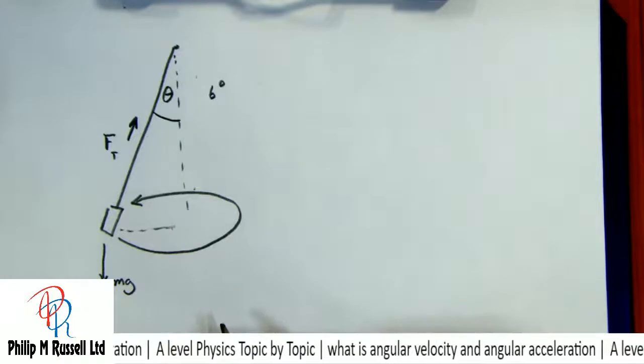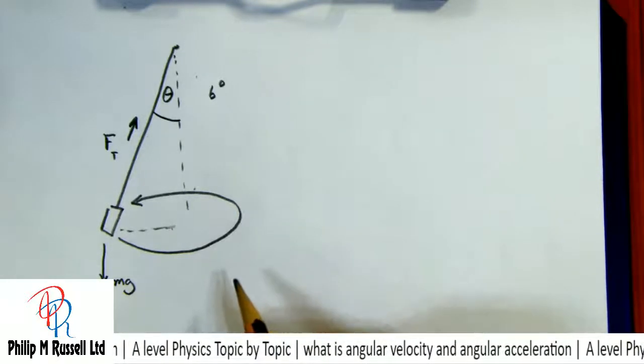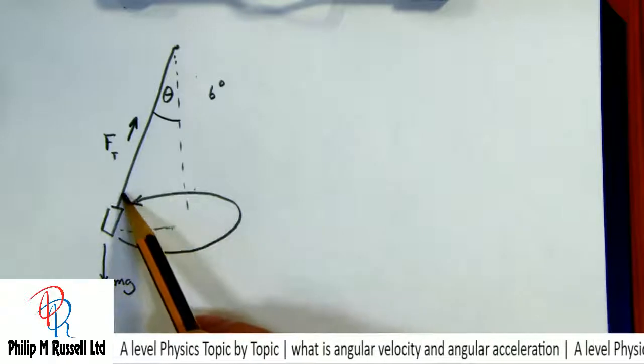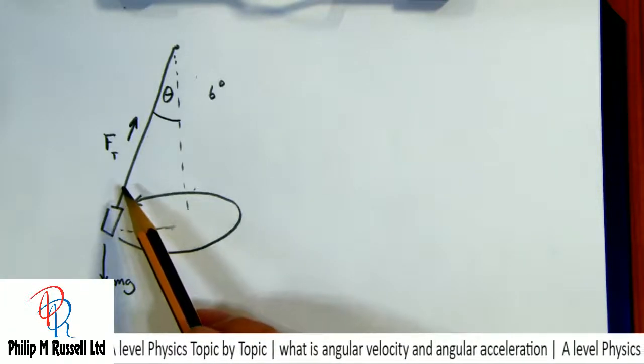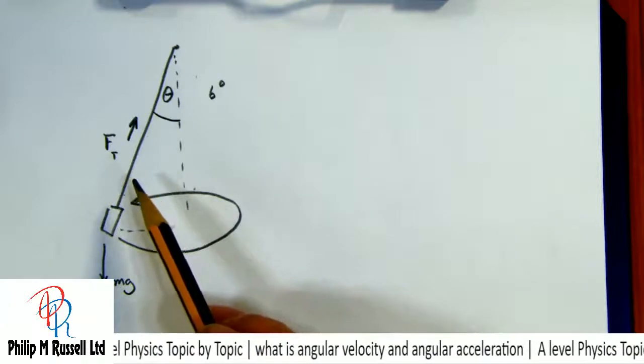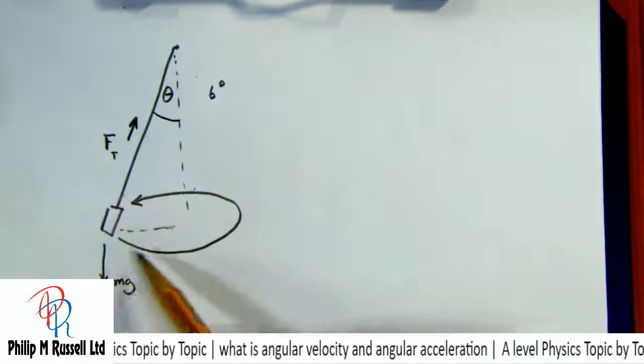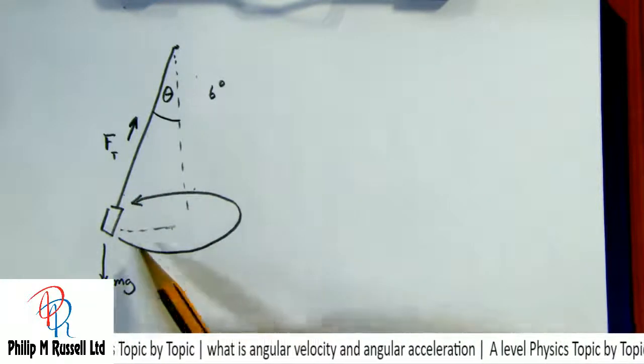The horizontal component of the tension here, Ft, basically is going to enable us to work out all sorts of things. It provides, if you like, this centripetal force F required for this circular motion.